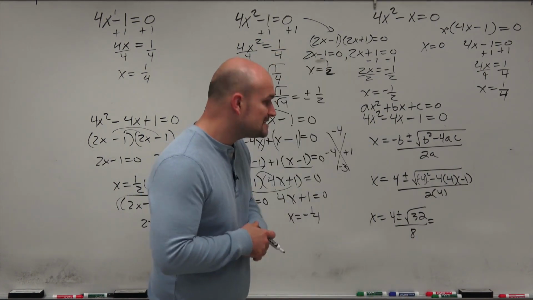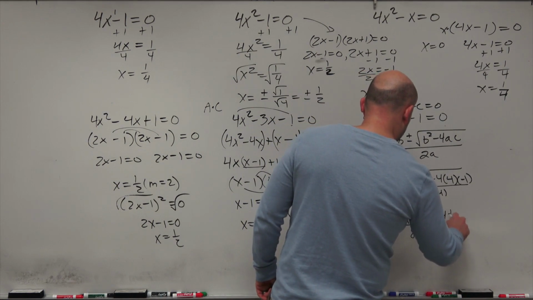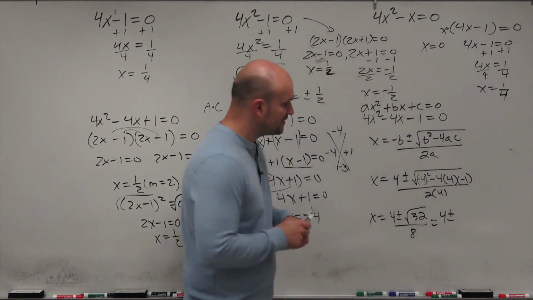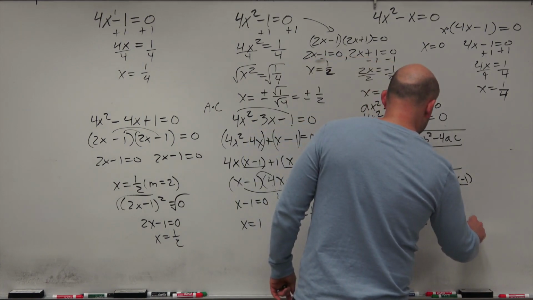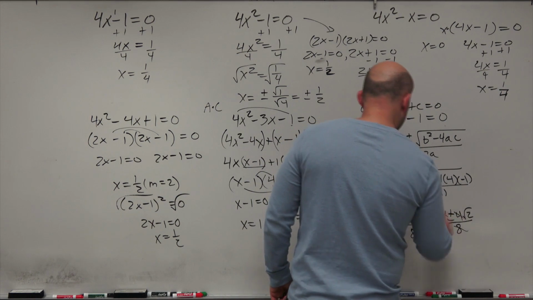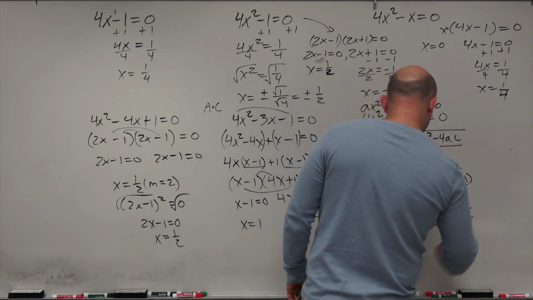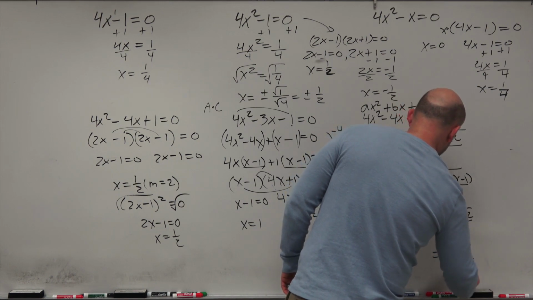However, we could go ahead and simplify that a little bit further. You could break up the square root of 32 into 16 times 2. So therefore, that would be 4 square root of 2 divided by 8. And therefore, we get a final answer of 1 plus or minus the square root of 2 divided by 2.